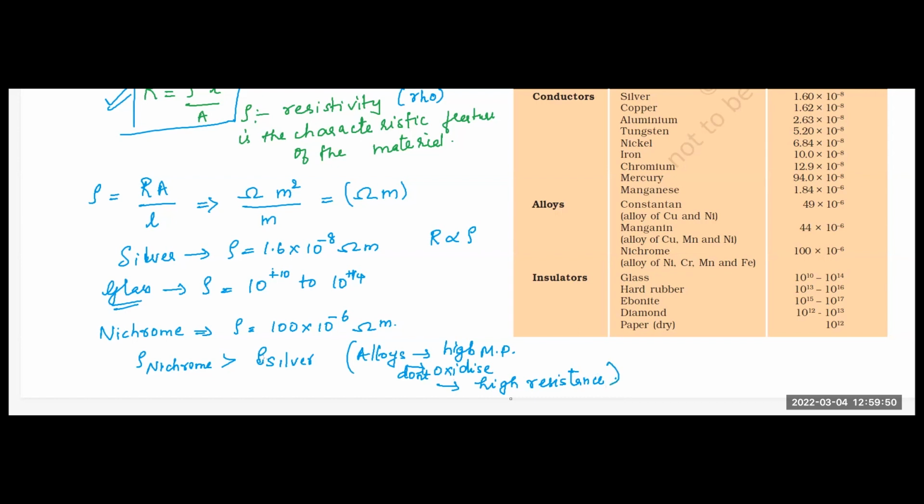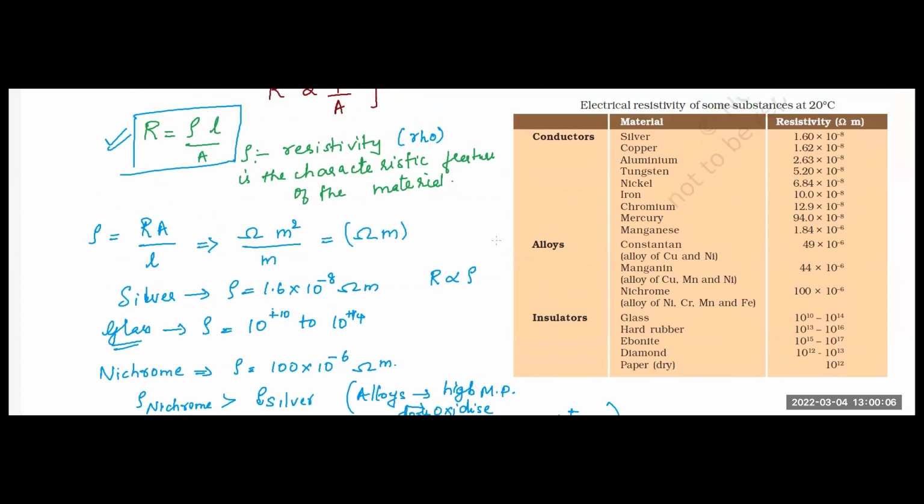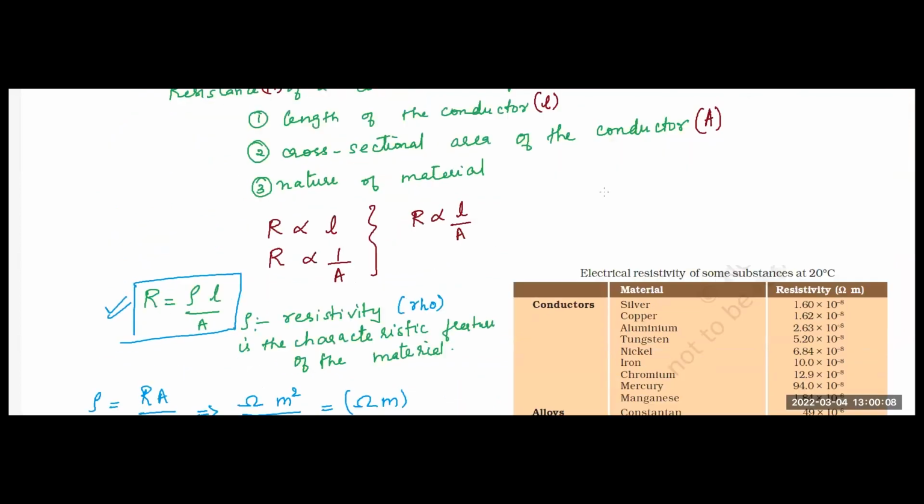All these things can be analyzed by using this table and the property called resistivity. Because of the resistivity and these properties of alloys, they are used in heating purposes.